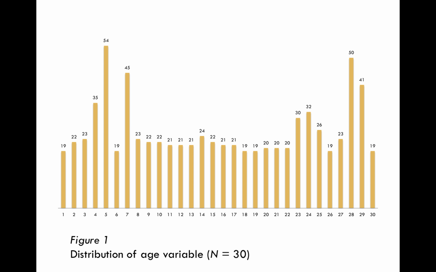So here's a frequency distribution of the age variable. And you can see why age is a continuous variable in its natural form, meaning if you ask people how old they are. What we're seeing here is that these are the actual values, and then these are the number of people or cases that answered like 28. 50 people said 28. 19 people said 1.